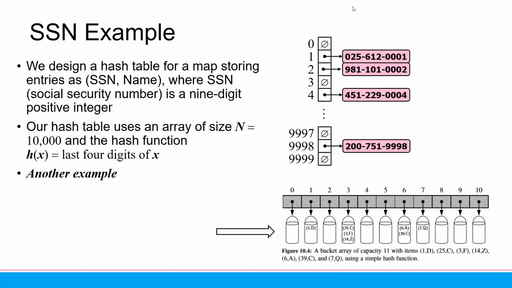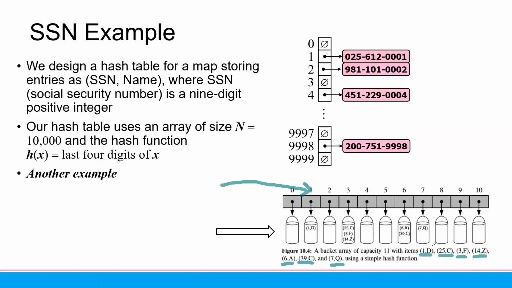Now let's say I already have these elements: 1D, 25C, 3F, 14Z, 6A, 39C, and 7Q. So how can I put these into the bucket? We will learn about this.